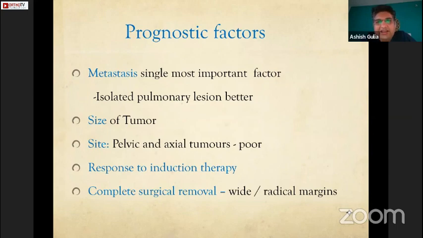Size of the tumor: any tumor more than 8 centimeters has a worse prognosis as compared to smaller tumors. At sites where it is difficult to get a wide margin of resection, like the pelvis or spine, the outcomes are poor as compared to the extremity, where even if you require an amputation, you can get a good surgical margin.